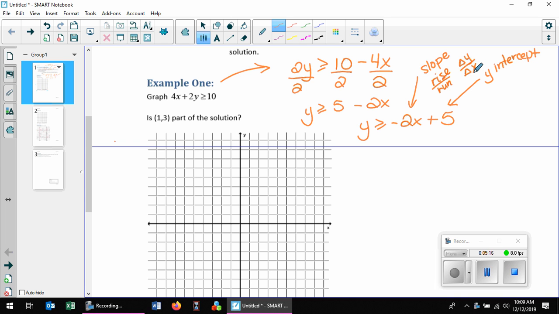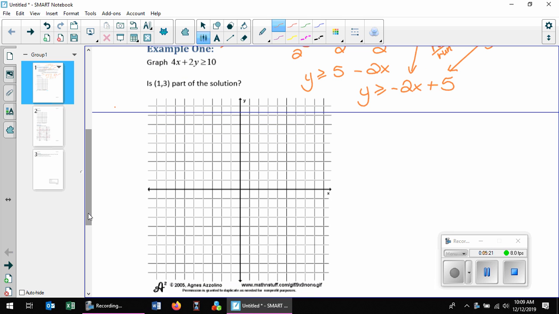So the way I do this is I'm going to put on my y-intercept first. That's the very first point I graph. I should probably put some increments on here. Okay, so that's the first point. My y-intercept is at +5. And my slope tells me rise over run, so y over x.